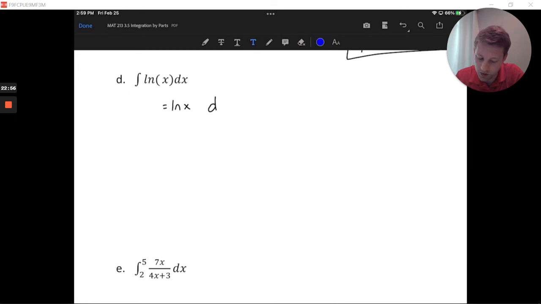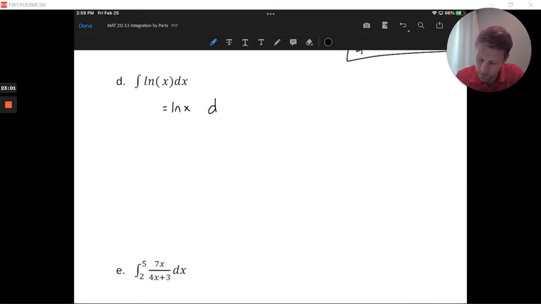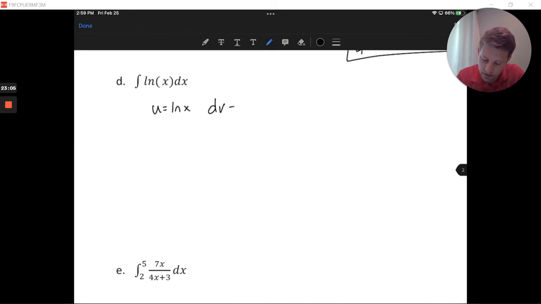So we'll have that as a u function. There we go. So we've got our u function. dv is simply going to have to just take dx. There's only that differential back. So we have u as the natural log. That would mean that du is 1 over x dx.